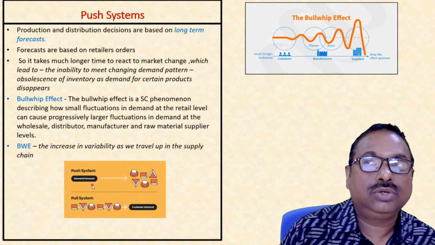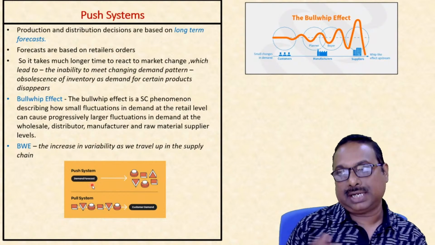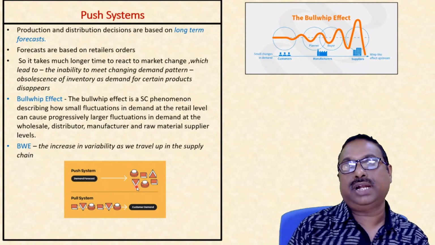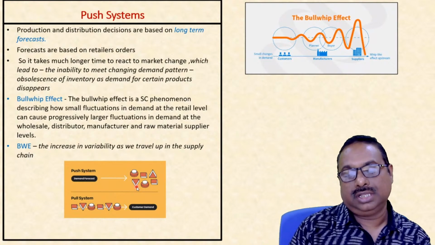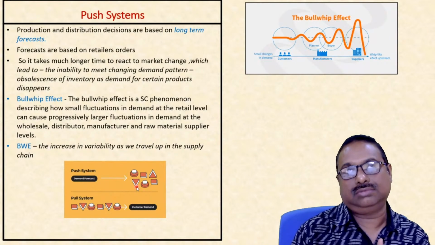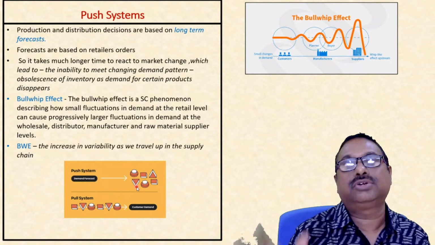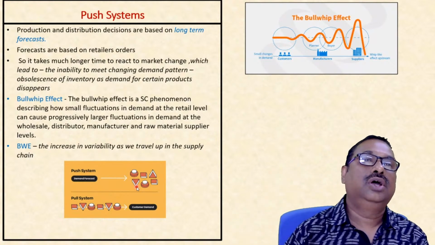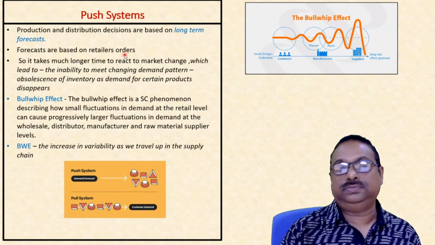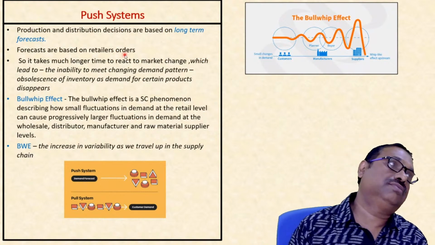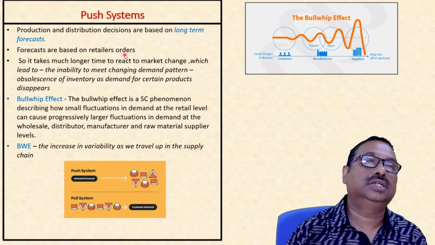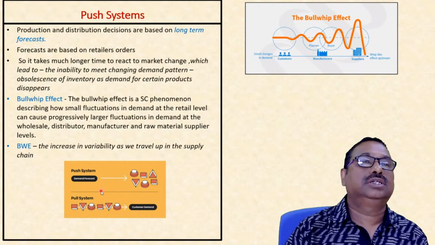Push strategy means you forecast the market demand, then you produce the material in the manufacturing unit, then you give it to the distributor, who gives it to a wholesaler, who gives it to the retailer, then customers. Here forecasts are based on retailer orders. So retailers will give orders, and according to that you forecast in the manufacturing.